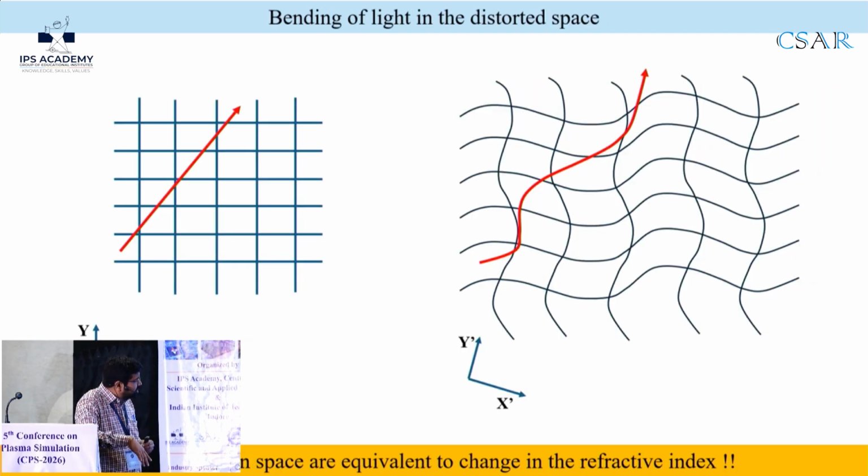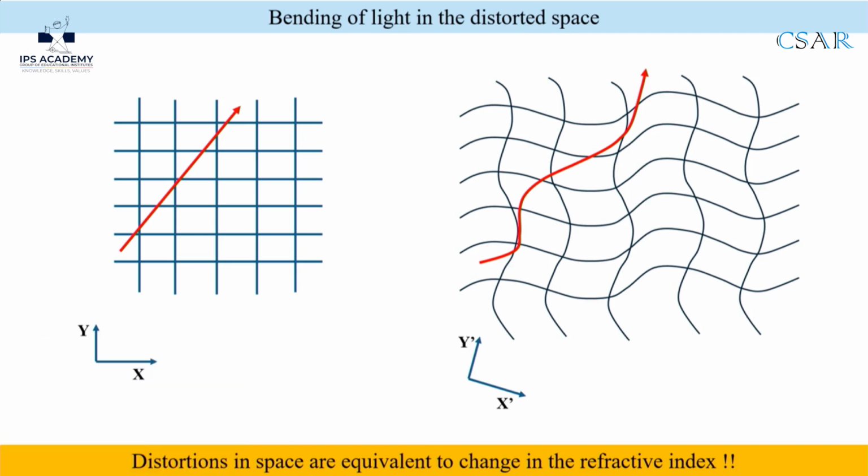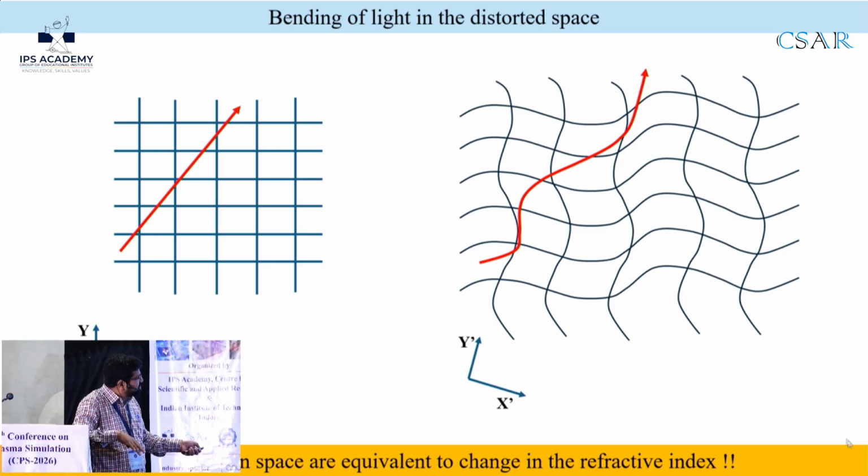So what is the essential idea of transformation optics? For example, assume that the space fabric is very regular, then you expect this light, the red arrow, to travel in a straight path. Now, by some means, if you distort the space fabric, then the same light would start appearing to travel on a curved path.